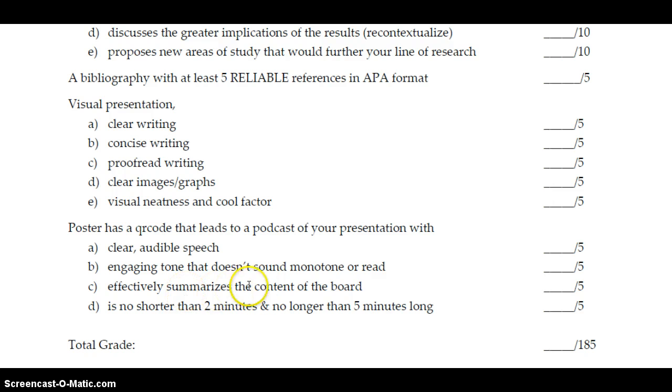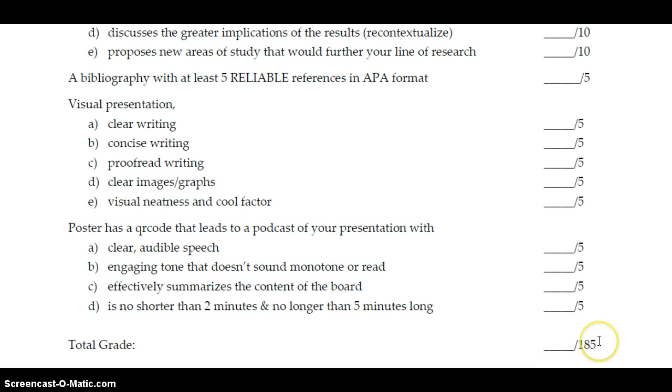That it effectively summarizes the content of the board, so really gets to all corners and all areas of the board, but is no shorter than 2 minutes and no longer than 5 minutes. So again, you don't want to shortcut through everything, but you don't want to take more of people's time than they really want. So figuring out a way to effectively summarize and pick out the most important elements from your board. And that totals at 185 points.